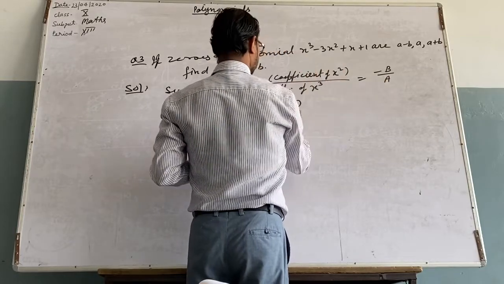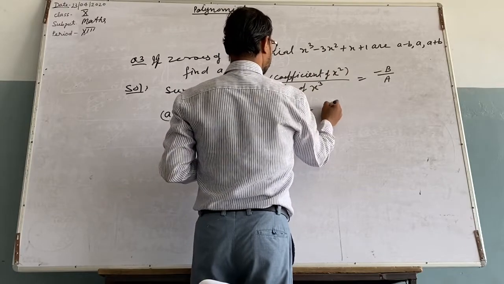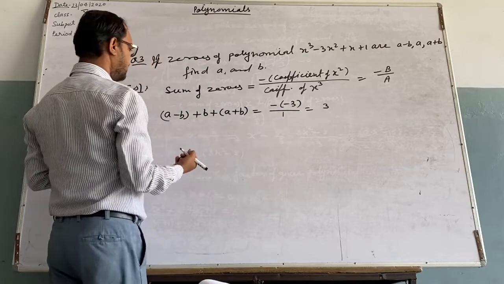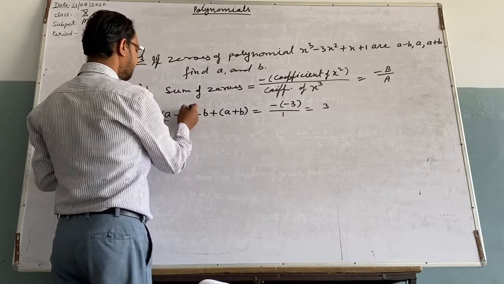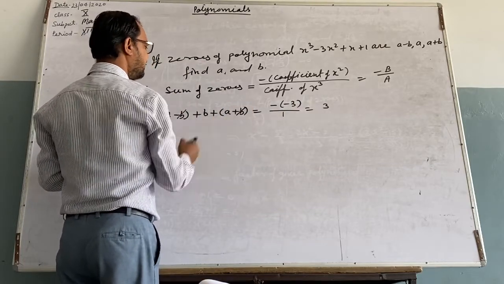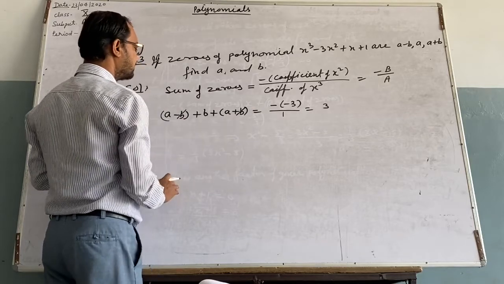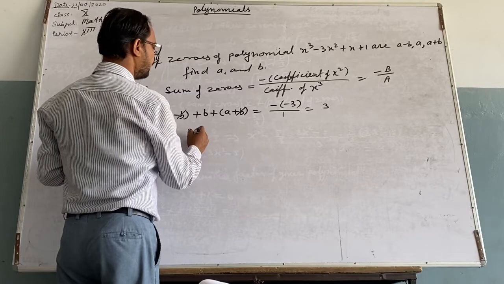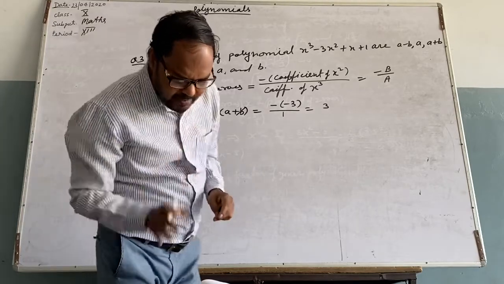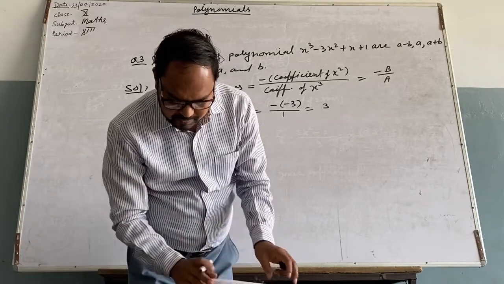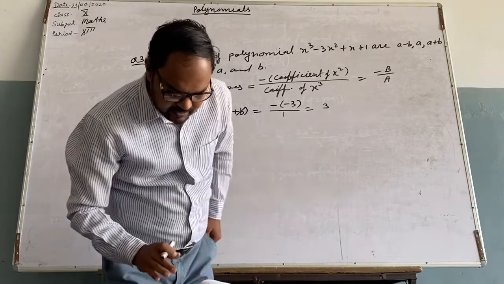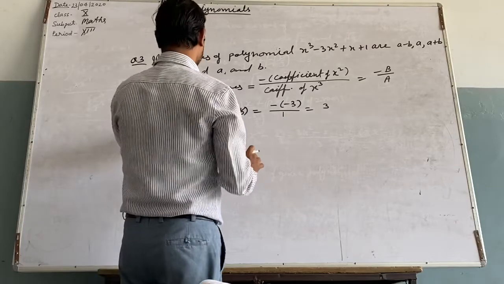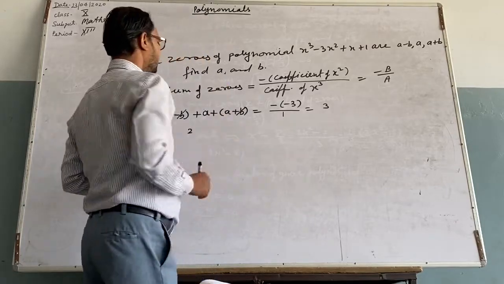A means 1. You can write here minus, minus, plus 3, and the 1 has no value. So minus b cancelled out, minus b, because all these are plus, right? So this can be written as A, right?